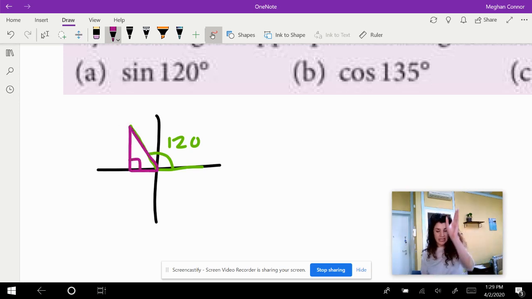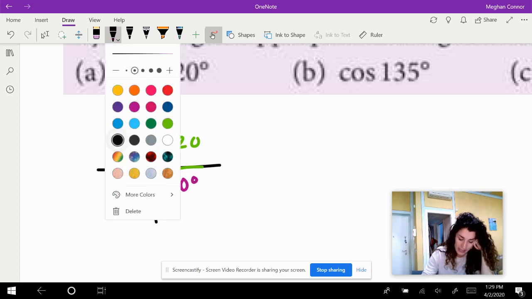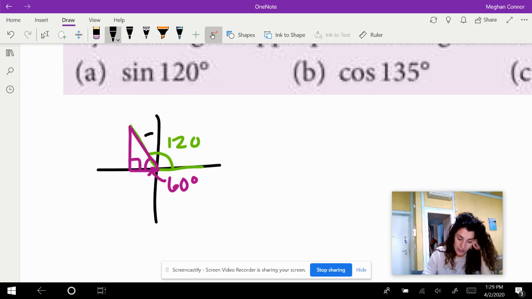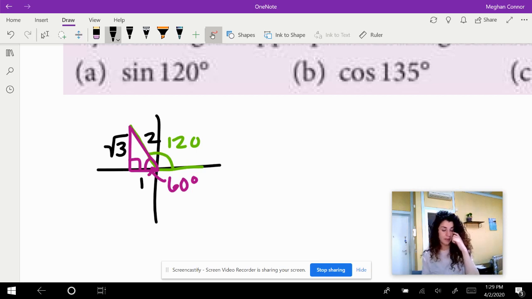I always go straight down from the end of that, so it's always making a 90 degree at the x-axis. In order to find out the remaining angle here, I have to subtract from 180, and that means that it's 60 degrees. So this is a 30, 60, 90. I go in and I label my exact values. This is going to be 2, this is going to be 1, and this is going to be square root of 3.